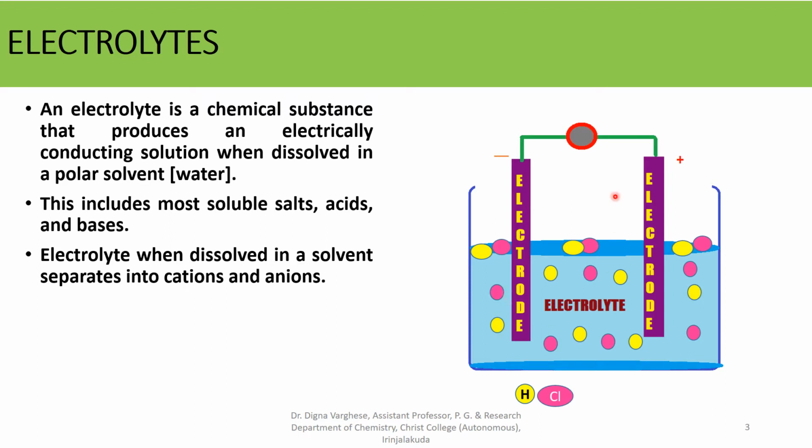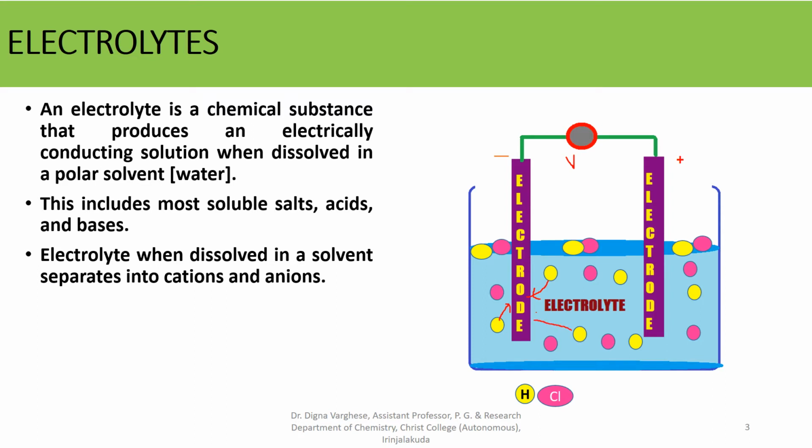If an electric potential is applied to an electrolyte solution, the cations of the solution are drawn to the negatively charged electrode. Here you can see, if potential is applied, the cations move to the electrode which has more electrons, the negatively charged electrode.